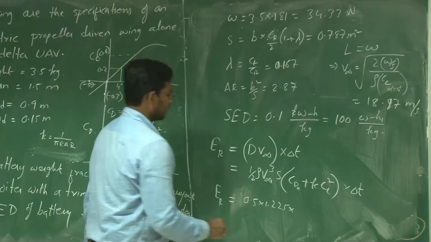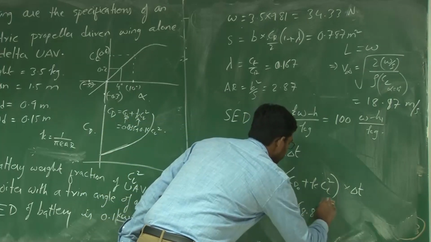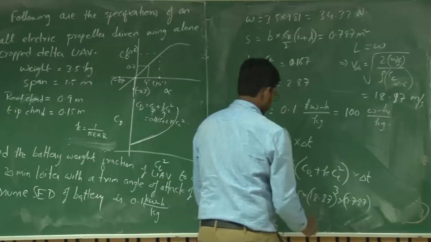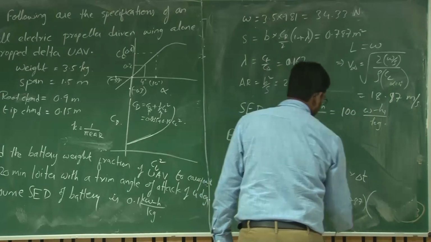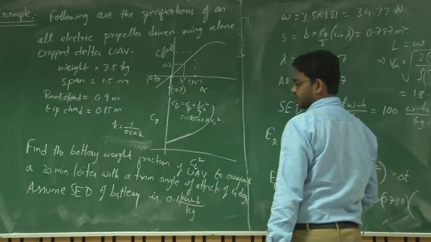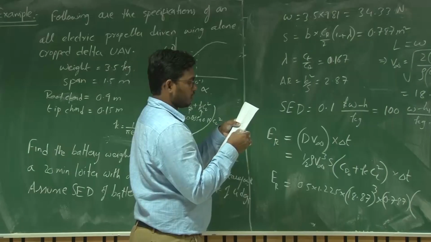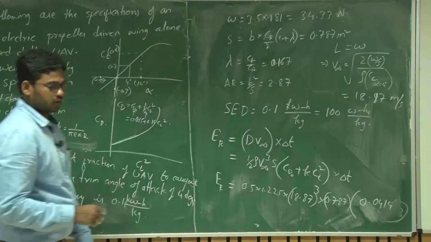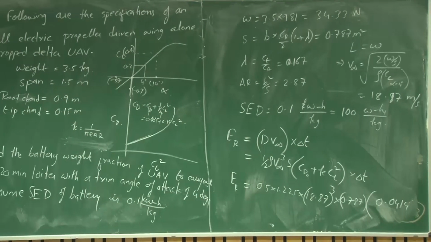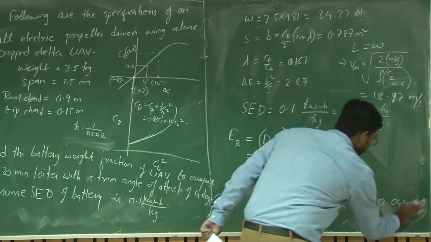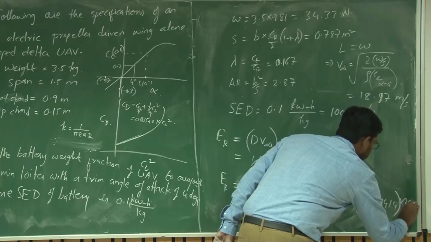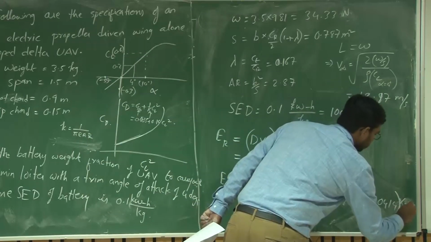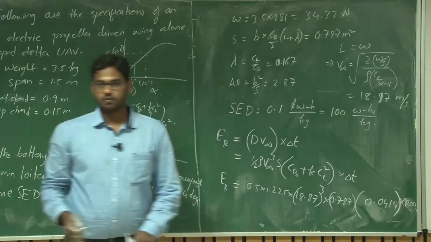Now substitute that velocity here: 18.87 cube into 0.787, into CD naught plus k CL square, the corresponding value, which is approximately 0.0414. So CD is 0.0414, S is 0.787, and the total time of flight is 20 into 60, because it's in minutes, so 1200 seconds.